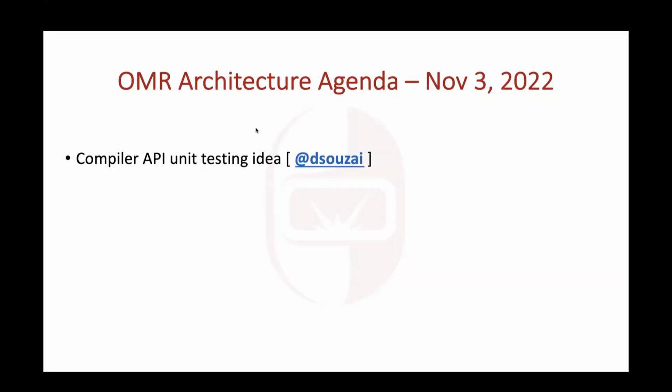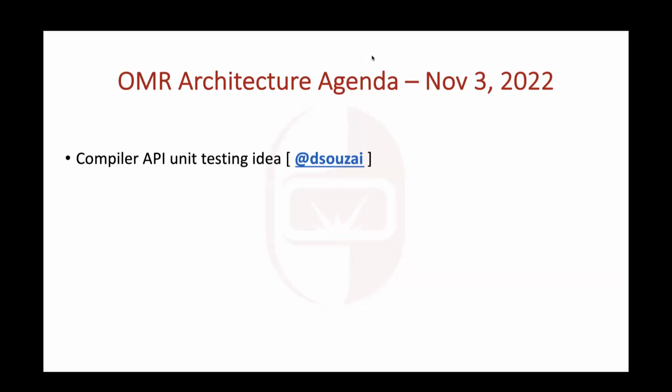Hi. So I brought this issue up actually in OpenJ9, but because there is overlap and any implementation there would also depend on an OMR piece, I'm also bringing it up here, in that it might be more general.